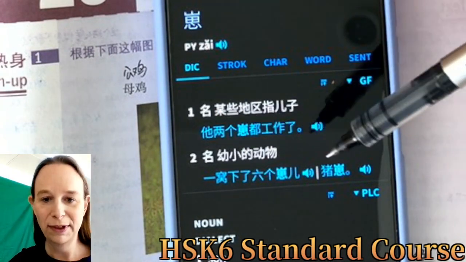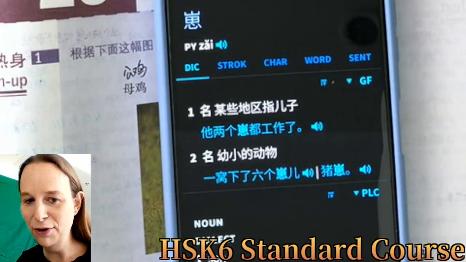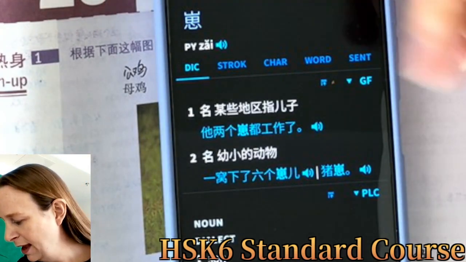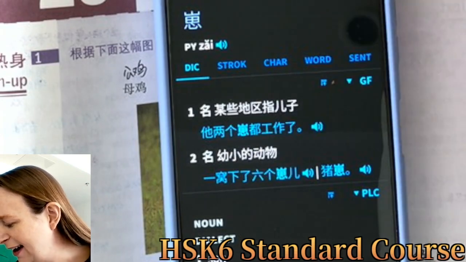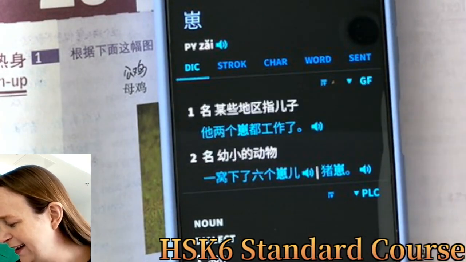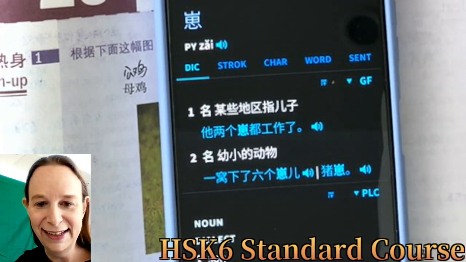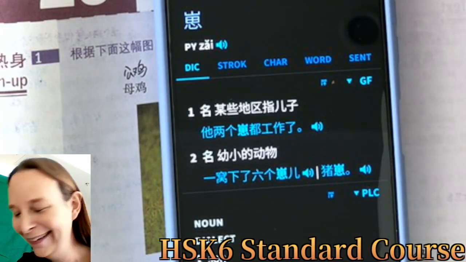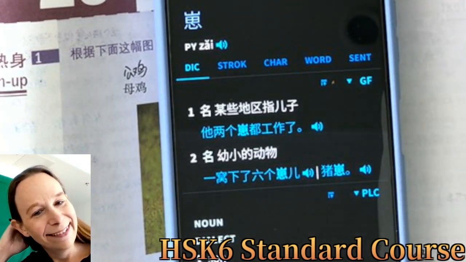幼小的动物. So this is an immature animal, immature in the sense of non-adult. 一窝下了6个崽儿. Okay, 猪仔. But you can just say 小猪. Are 小猪 and 猪仔 the same?